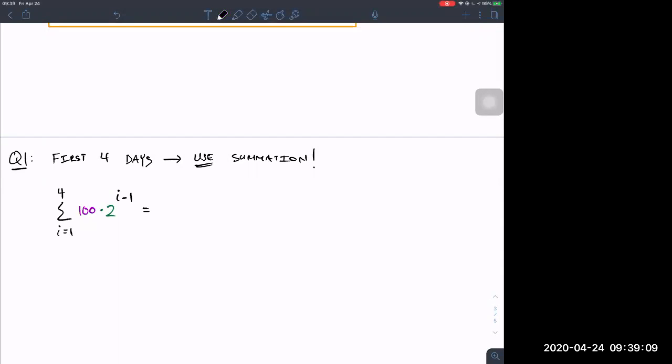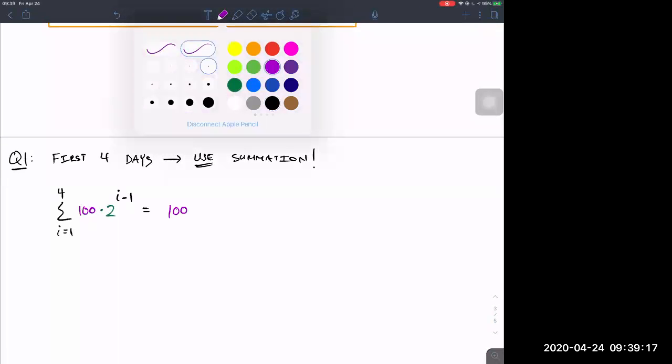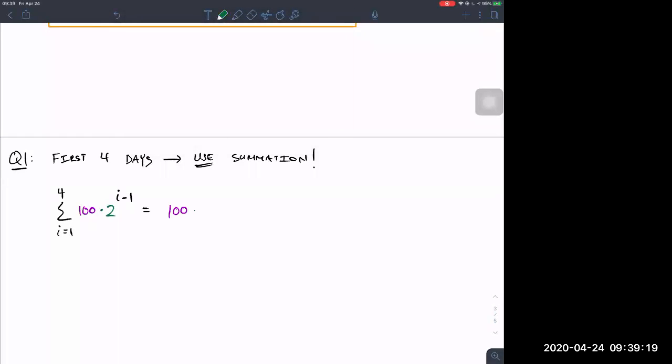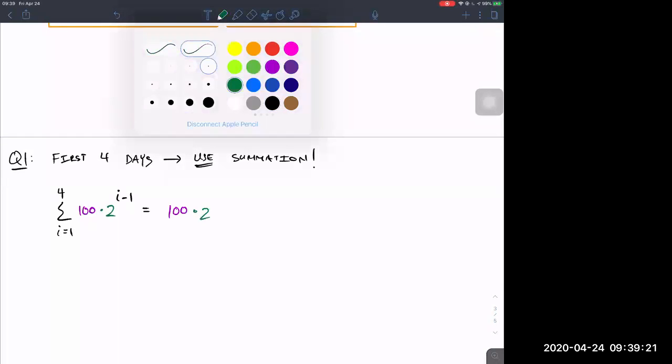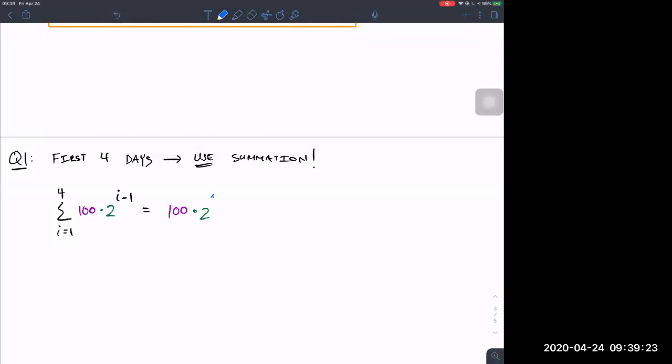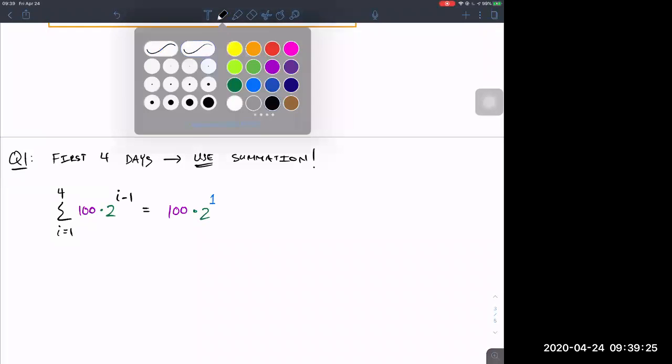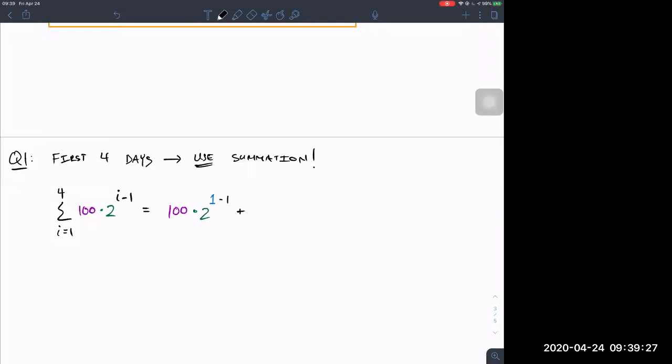This is going to be equal to that same exact expression written 4 times. Anywhere you see that i, you replace it with whatever number you're on. Since we're starting at 1, that i gets replaced by a 1, minus 1. Once you're finished plugging everything in, you separate it by a plus sign. Why a plus sign? Because this sigma notation indicates that after you plug in your number, you're adding your results.